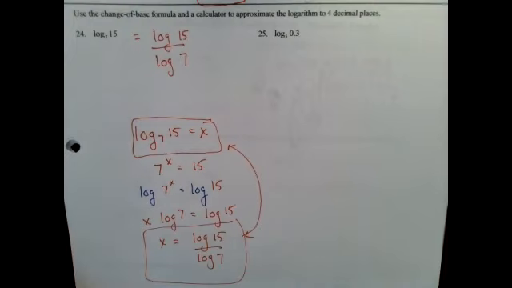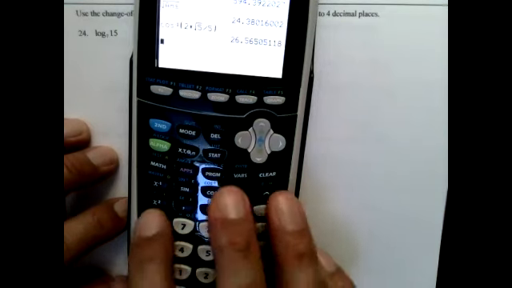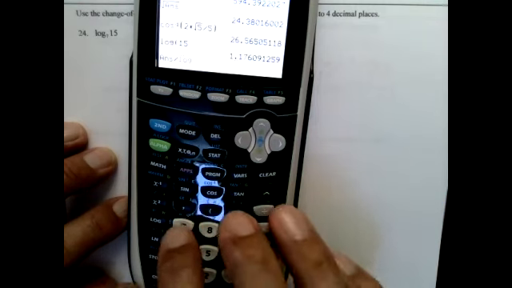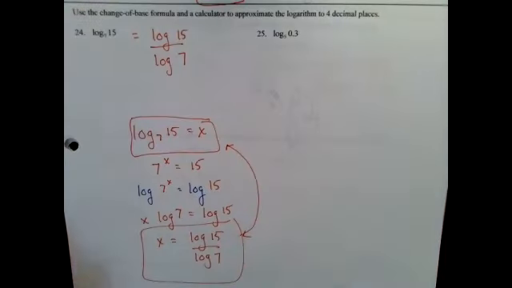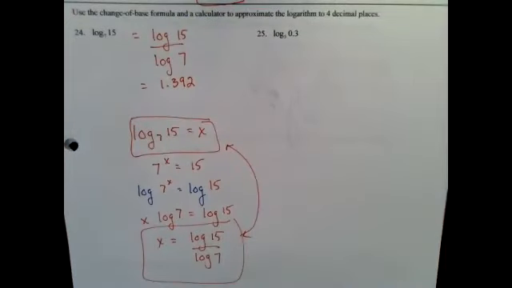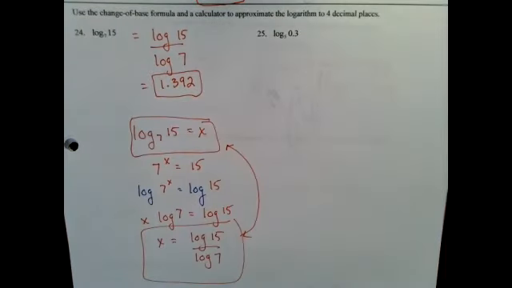So what can I do? I can now do this on the calculator. I'm going to say the log of 15, hit enter, divided by the log of 7. Hit enter, 1.392. Okay, it's called the change of base formula.